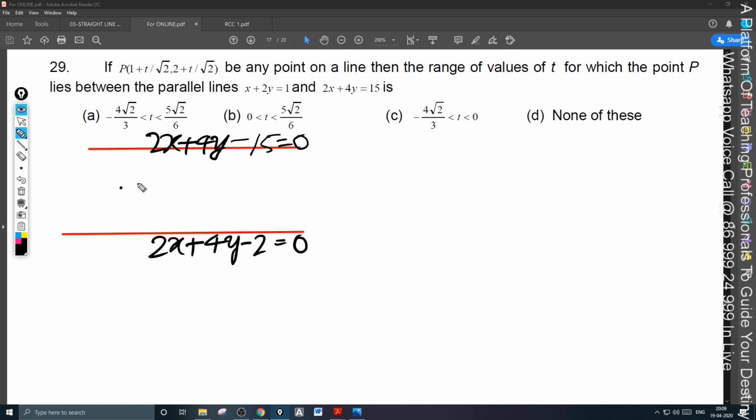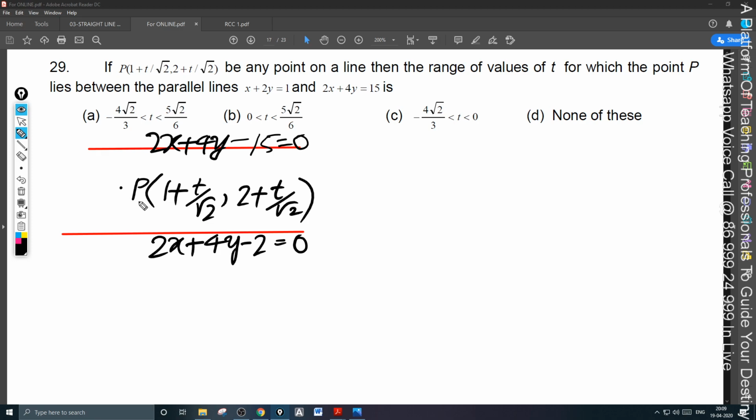P is 1 plus t by root 2, comma 2 plus t by root 2. What he's saying is, for what values of t, that's good.